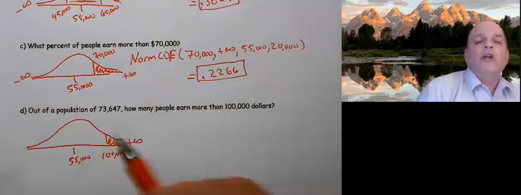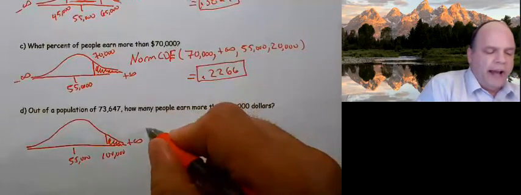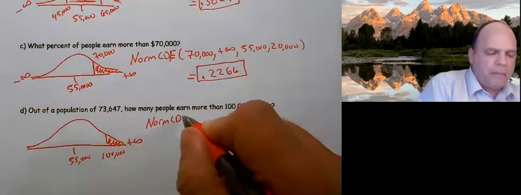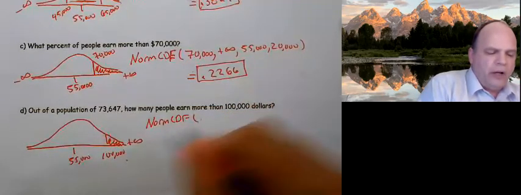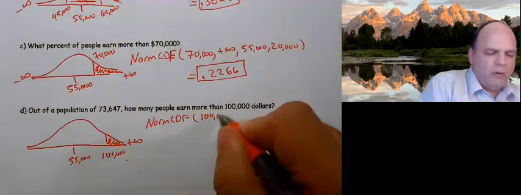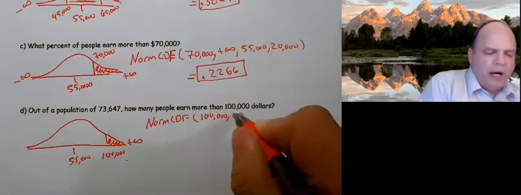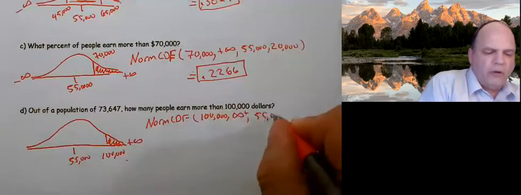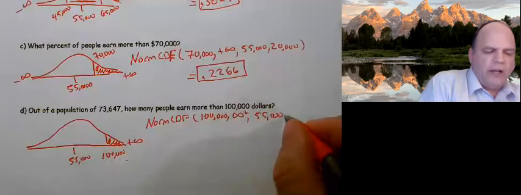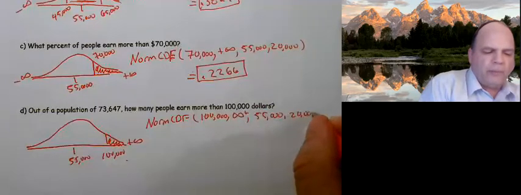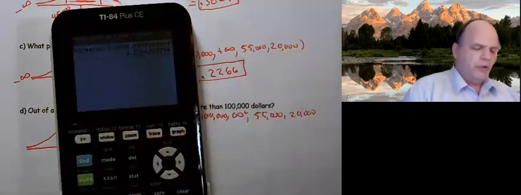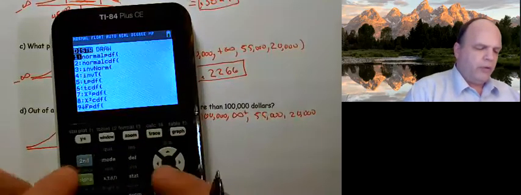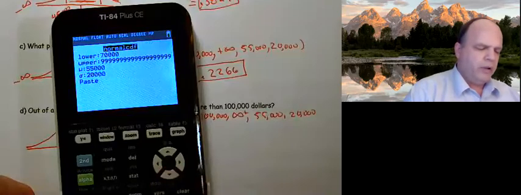I'm looking for an area, a percent first. This needs to be a normalcdf because they asked for an area, percent, or probability. The lower bound is 100,000. The upper bound, positive infinity. The mean is 55,000, and the standard deviation is 20,000. So let's do that. Second vars, normalcdf.